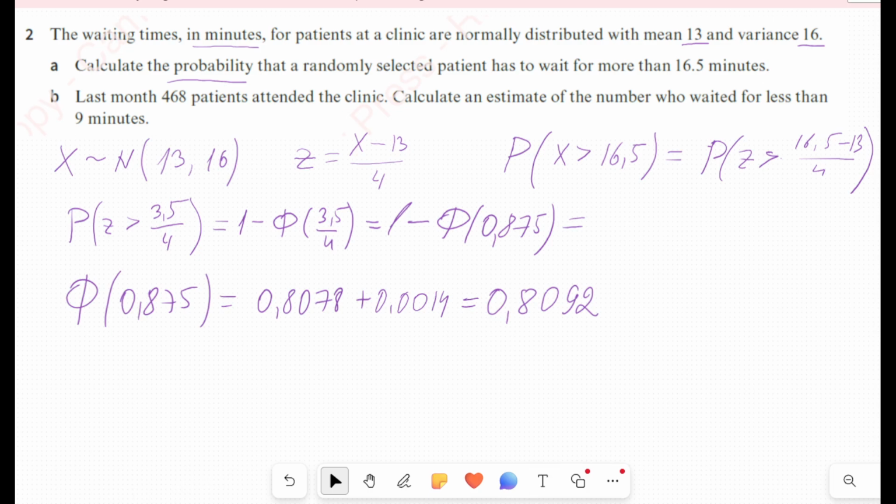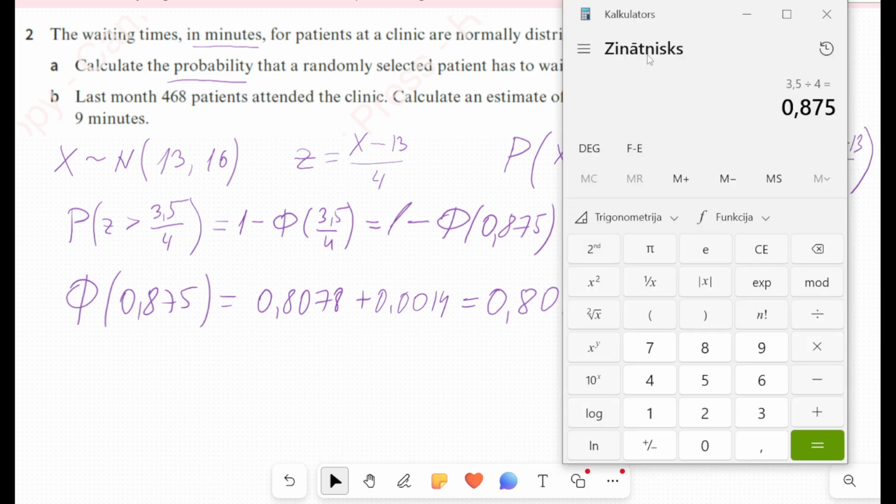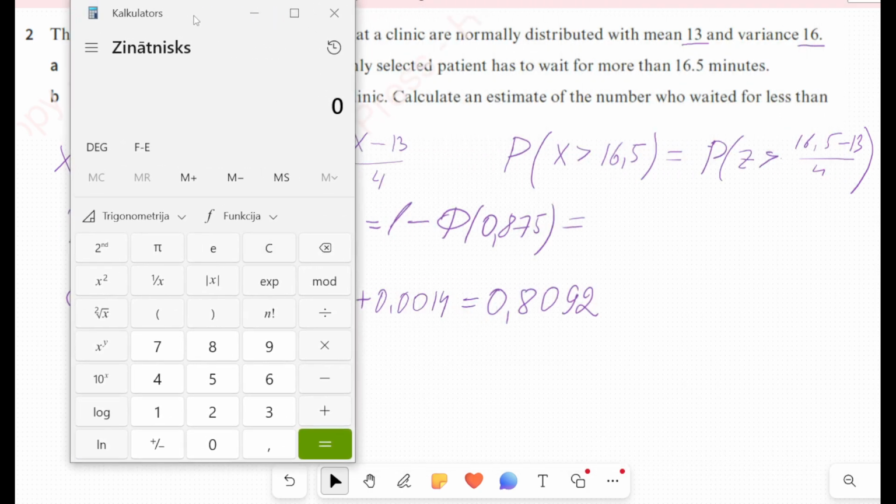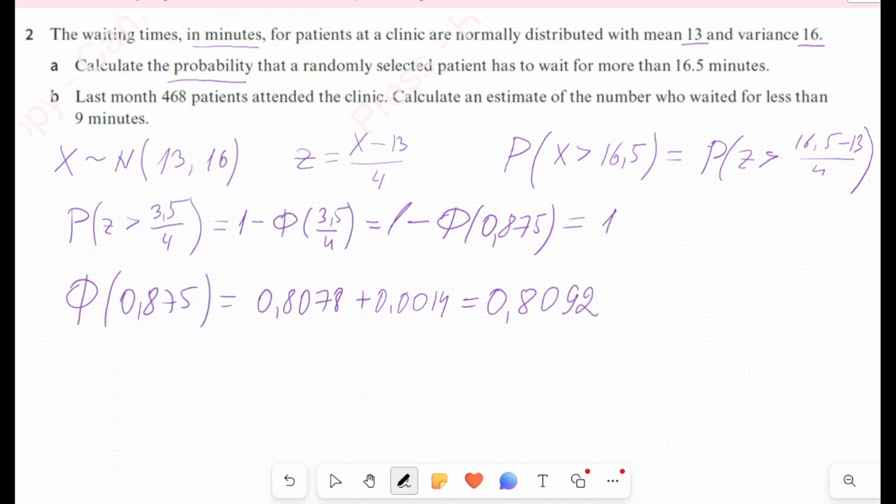Now we can calculate 1 minus 0.8092. We have 0.1908.